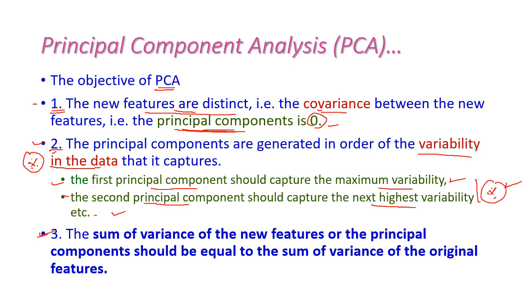And the third objective is the sum of variance of the new features. The new feature is nothing but the principal component, isn't it? So the sum of variance of the principal components should be equal to the sum of variance of the original features. So this is another important point of PCA.